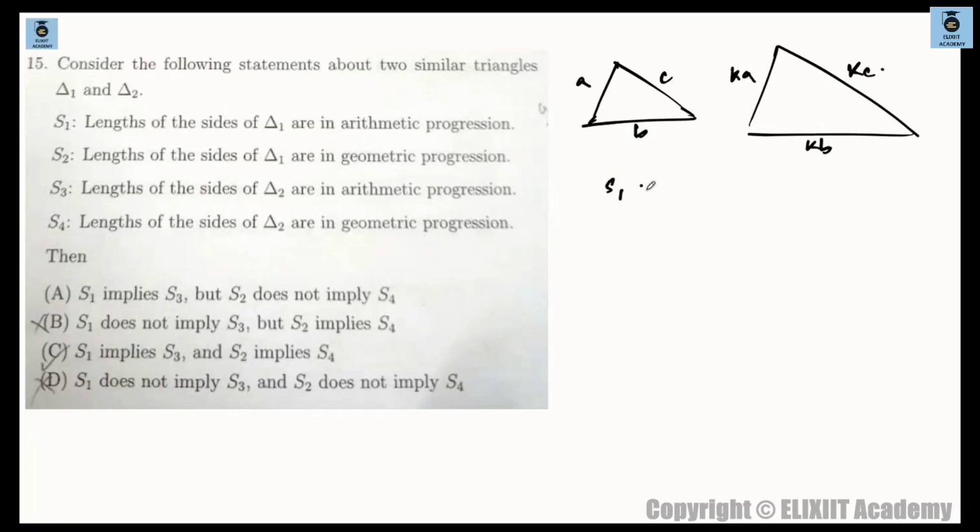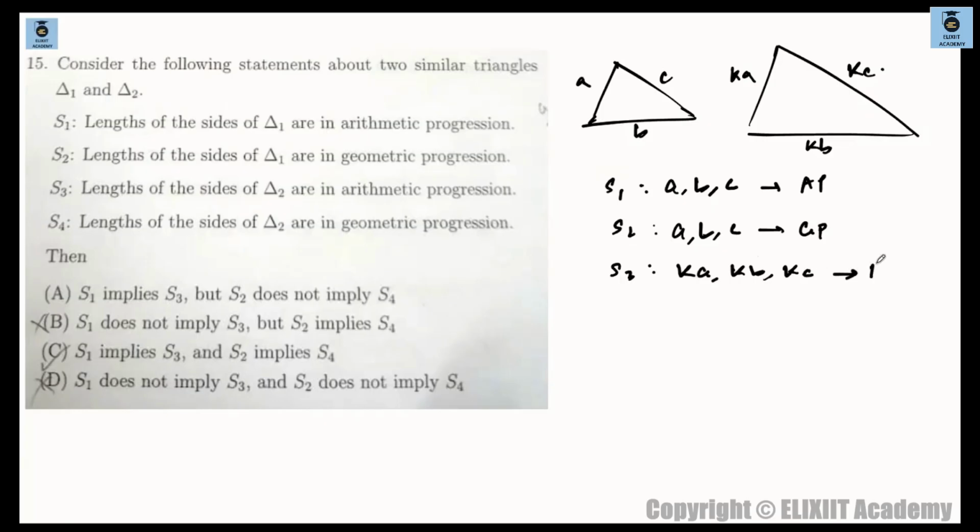Statement 1 says A, B, C are in AP. Statement 2 says A, B, C are in GP. Statement 3 says KA, KB, and KC are in AP.